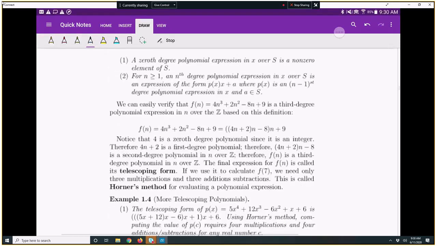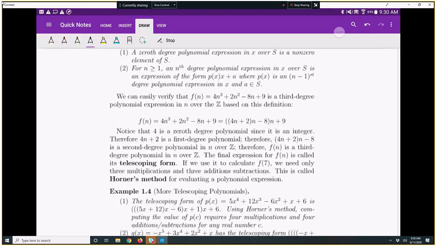So for example, this one that we had, 4n cubed plus 2n squared minus 8n plus 9, we could equivalently write it as 4n plus 2 times n minus 8 times n plus 9, as you see here.